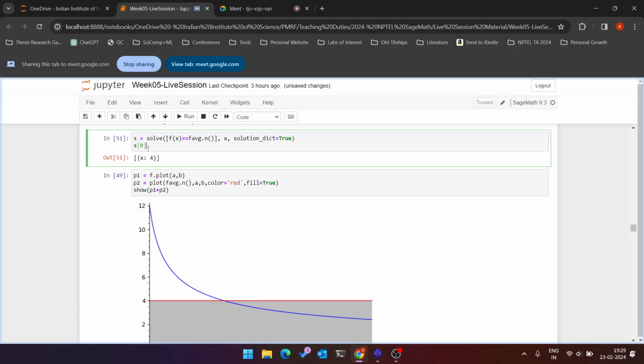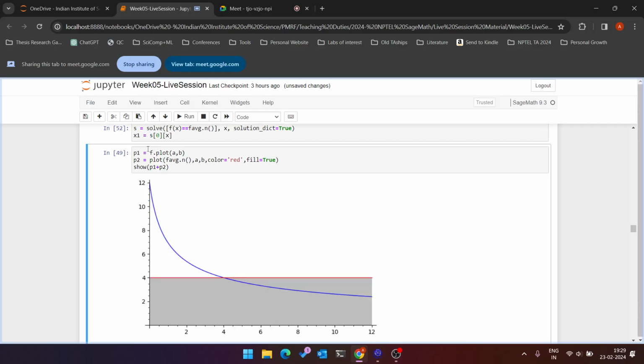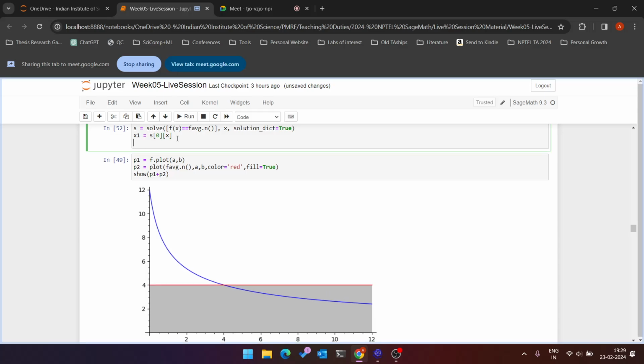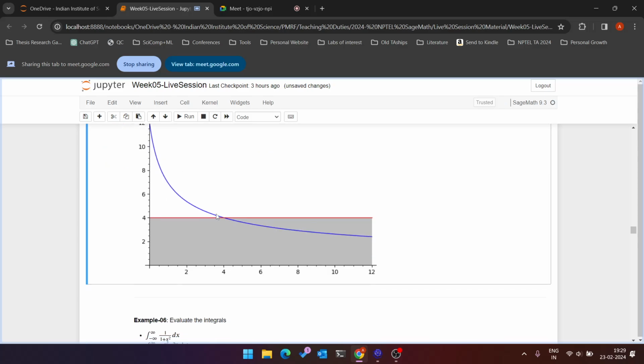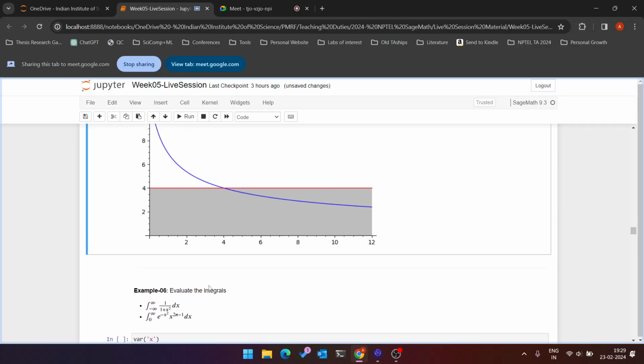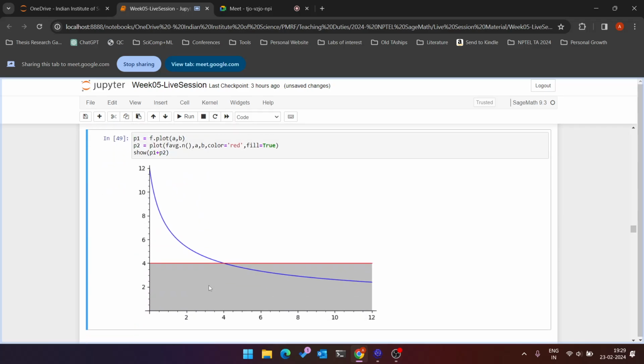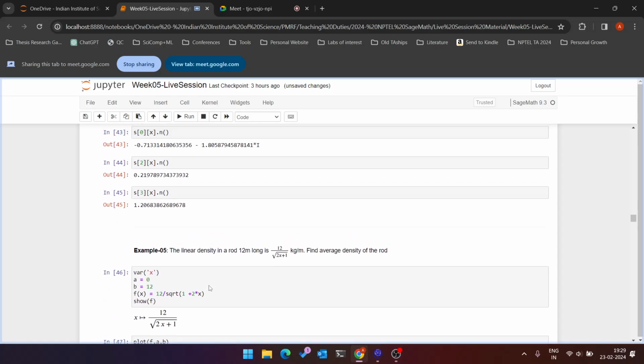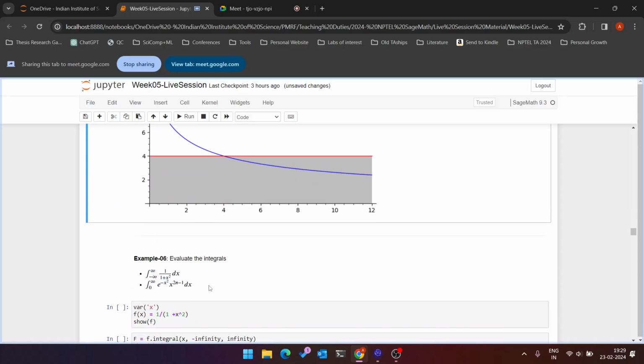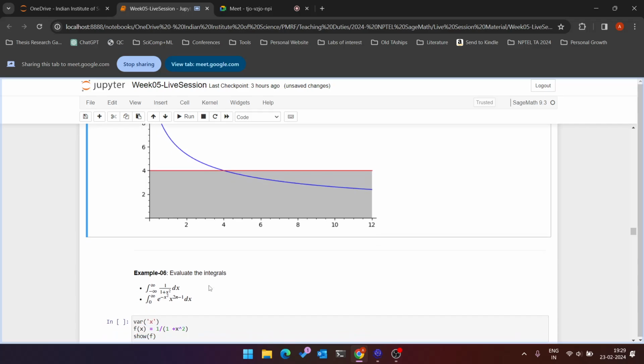So if I do solve for x, x1, and if I now plot f of x equals x1, it is a perfect match. Okay, so now we have solved this problem also.